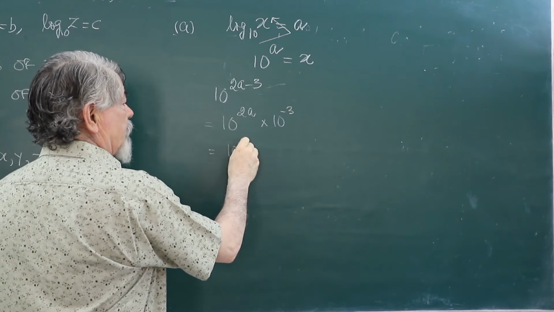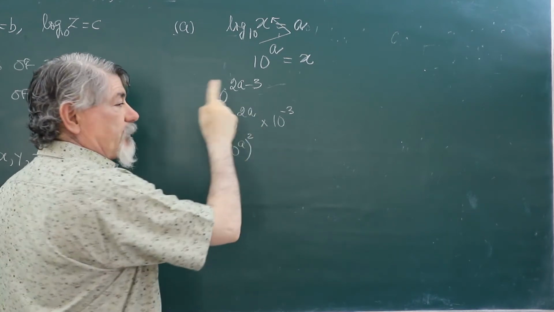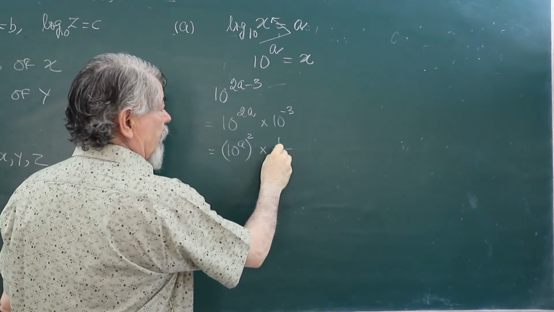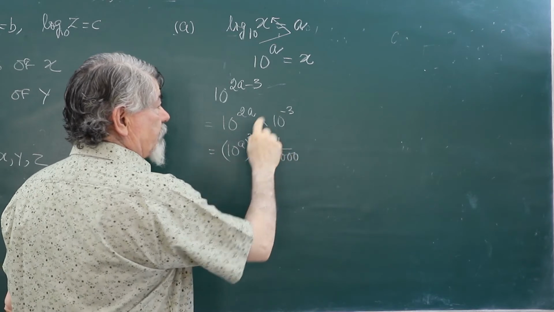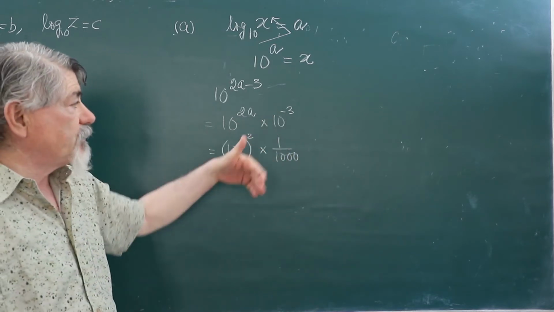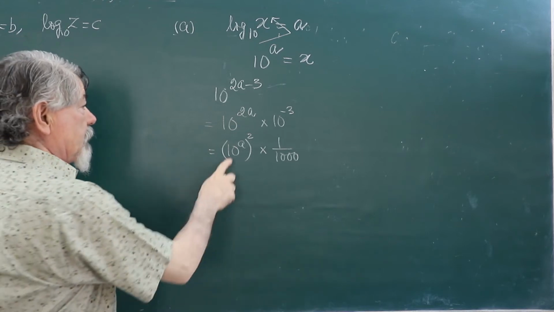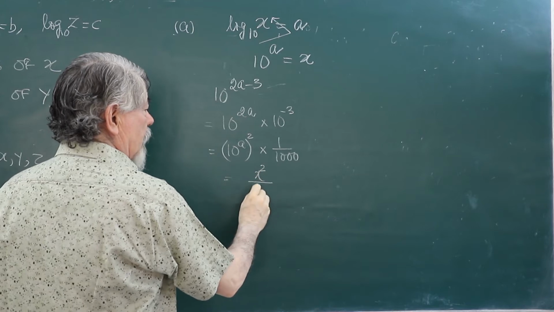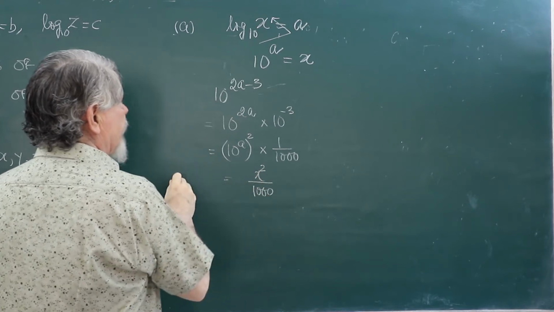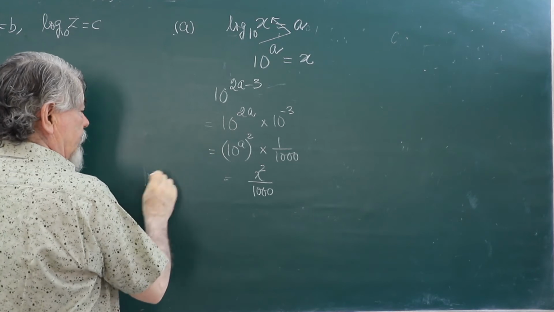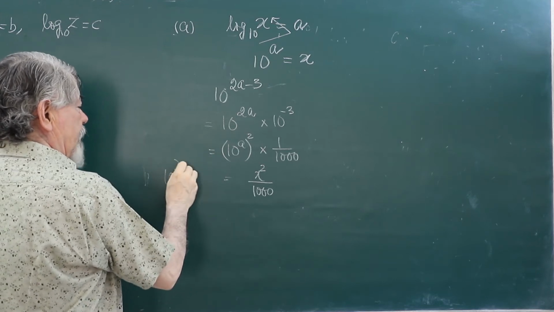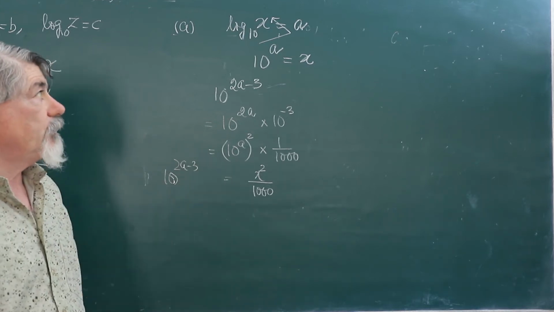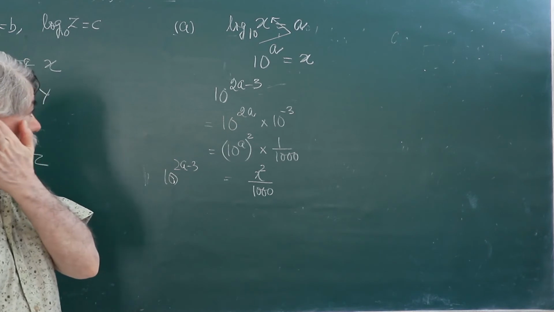This can be written as 10 to the power a, whole to the power 2, power to the power law, into 1 upon 1000. If I want to make the index from negative to positive, I'll bring it to the denominator. 10 to the power a I know is x, so x to the power 2 upon 1000. So we have been able to express 10 to the power 2a minus 3 in terms of x, which is x square upon 1000.